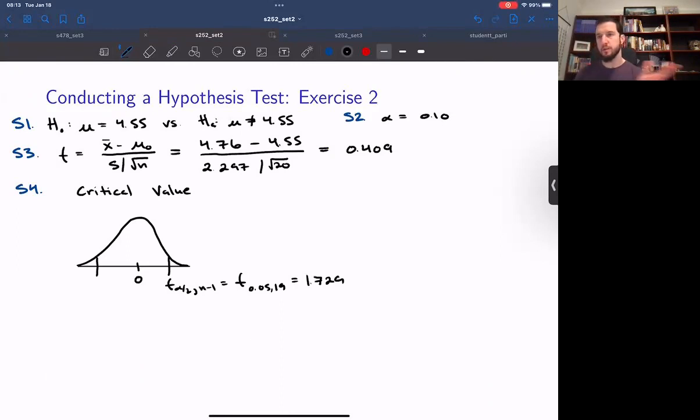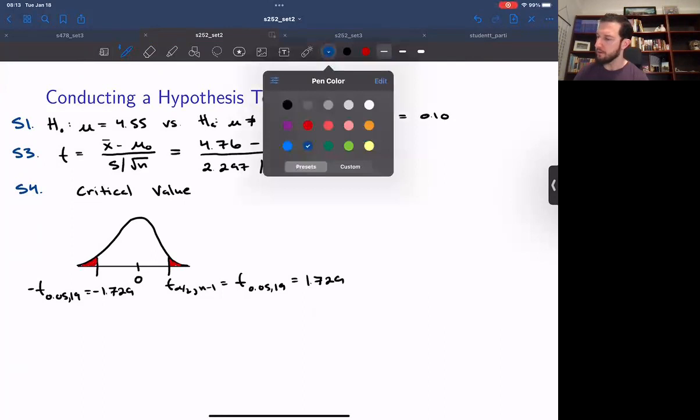All right, and the lower tail, we're going to have the same value, just negative. So we can write negative t 0.05, 19 is equal to negative 1.729. And now we can just place our test statistic.